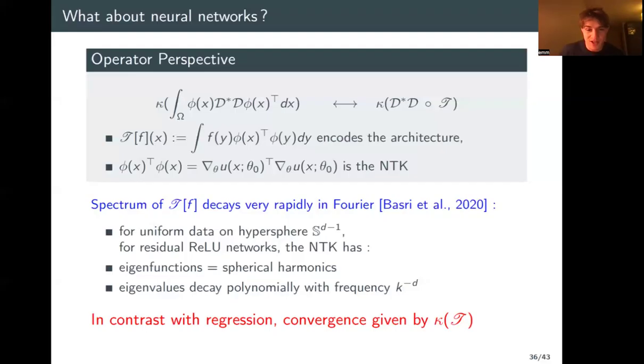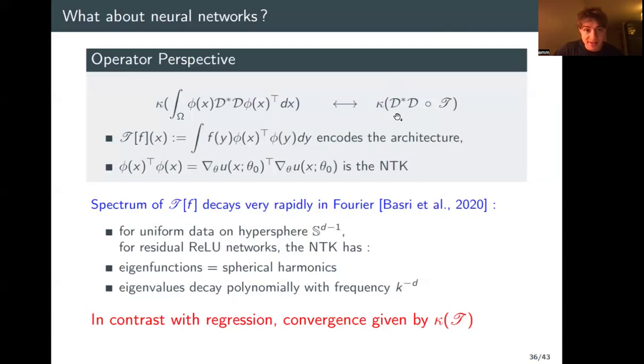Oh, good question. In the neural network setting, it's true that we're not in the orthonormal setting, and so this T becomes something different from identity.